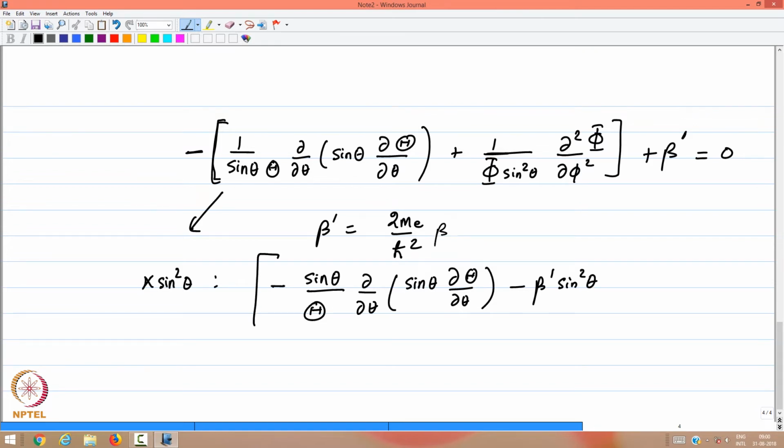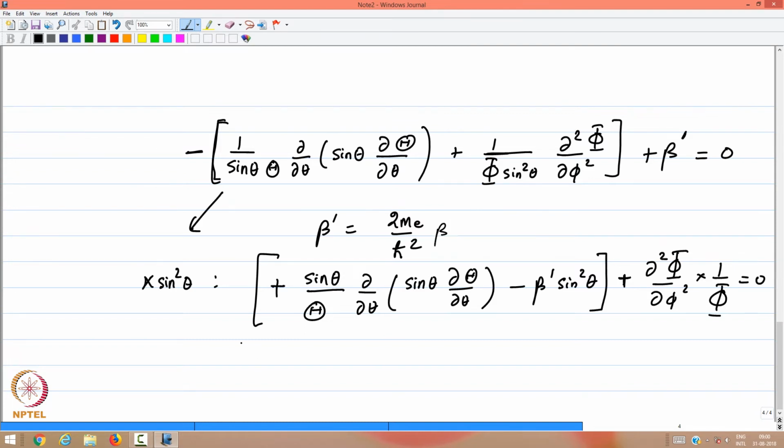Okay. All of this depends only on theta, and since we multiplied by sin square theta, the remaining term is essentially minus dou square capital phi by dou phi square times 1 by capital phi. If we do the minus sign, I think we should remove that, and we should put this as plus, because then we have changed the sign of this whole term. Okay. So, this is equal to 0.